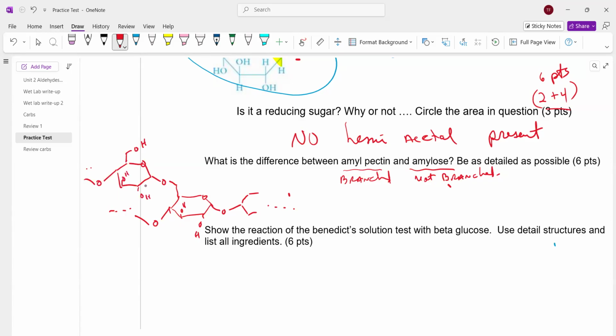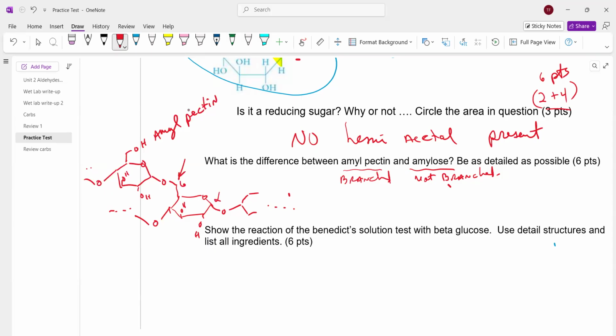And this is where the difference lies. This is where the branching occurs, at carbon number 6 off the main chain.